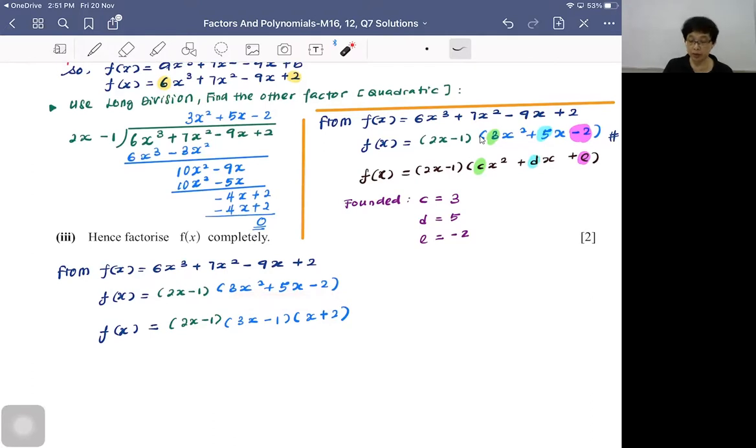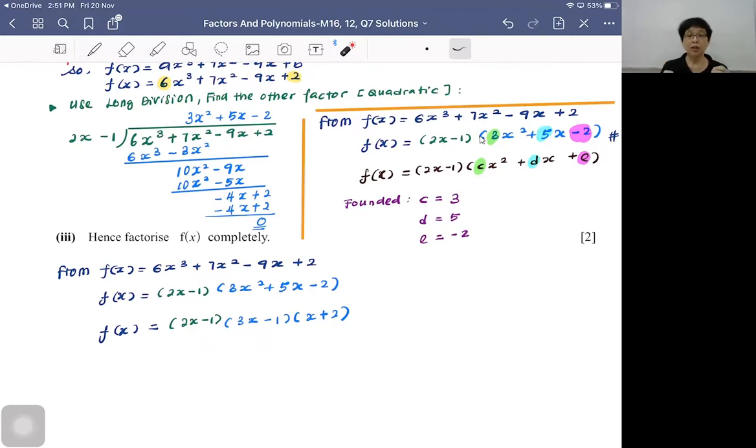With a little help of calculators, or sometimes you can even draw from your experience, either use the decomposition method or whatever method that you are familiar with in factorizing quadratics. That is how you break 3x squared plus 5x minus 2 up into two factors respectively. Then putting all three factors together, all of them are in linear form.